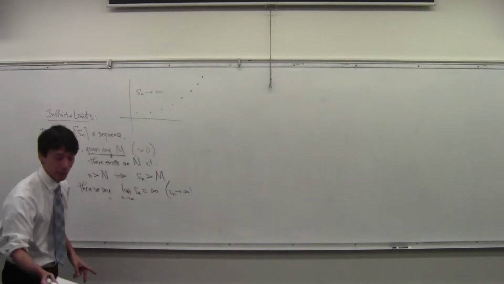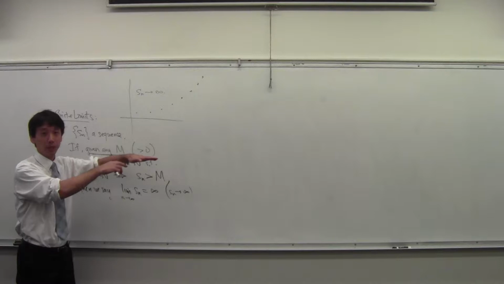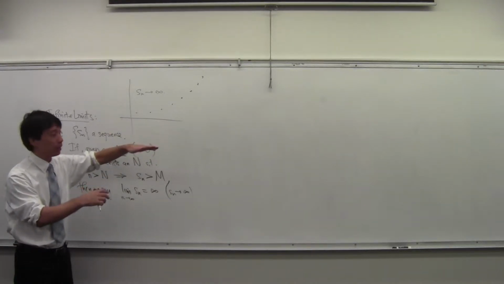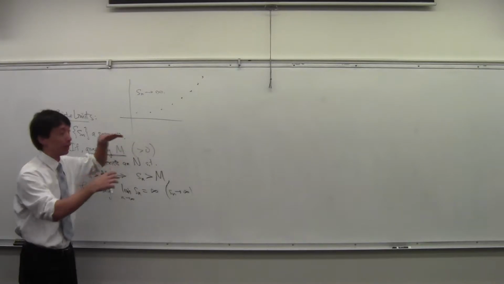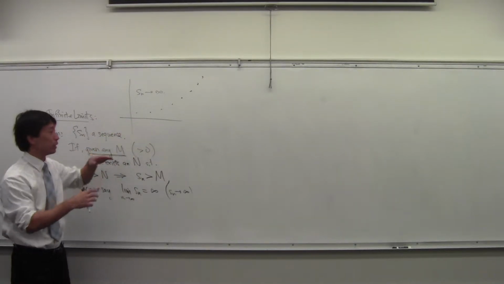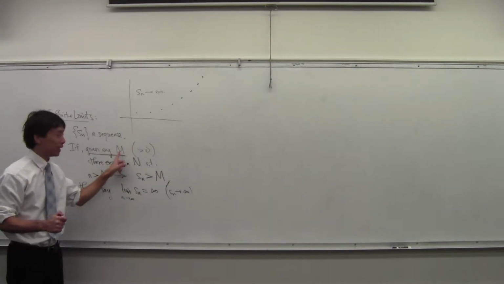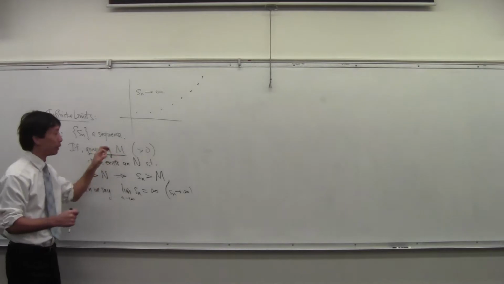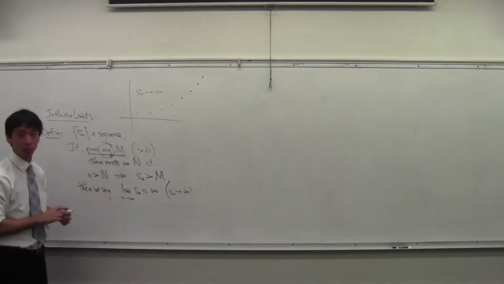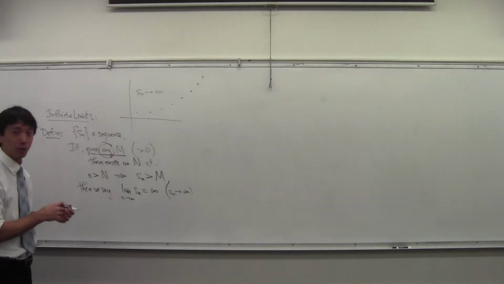No matter what M you're given, there's a time past which you exceed it. If I say I want everybody to be bigger than 1,000, there's a time past which it happens. If I say bigger than 1 billion, there's a time past which it happens. So you can't just play the M-N game for one M. You have to be able to play it for any M. No matter what M you're given, you can defeat it: there's a time past which you always exceed that M.